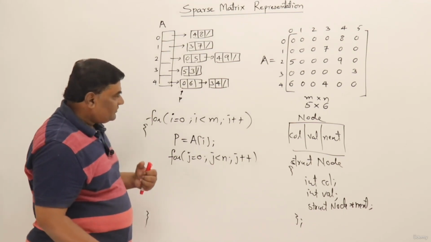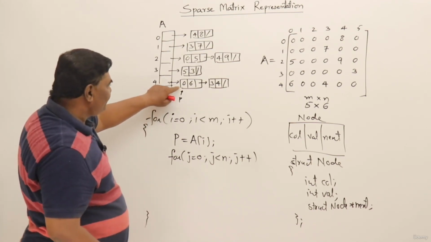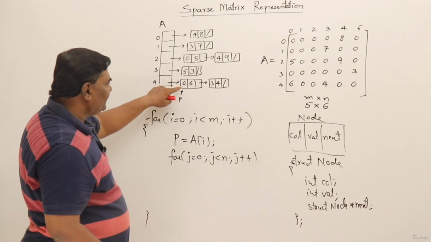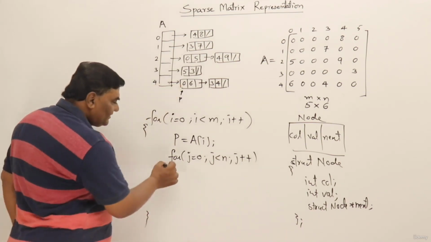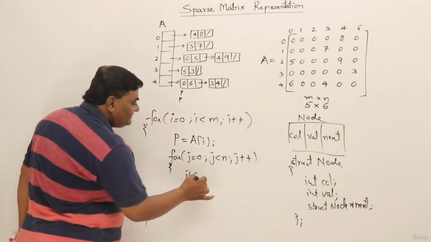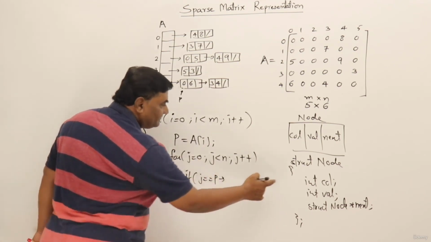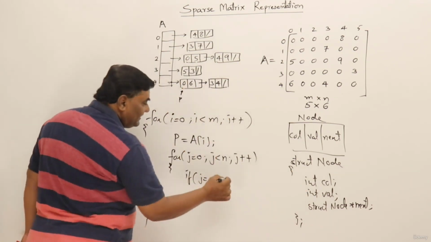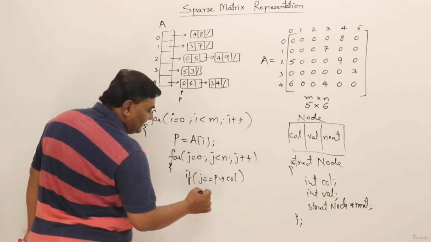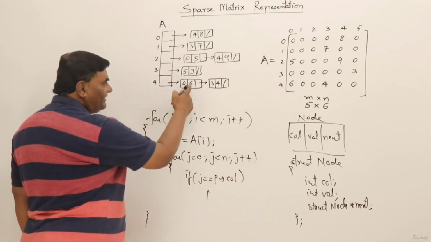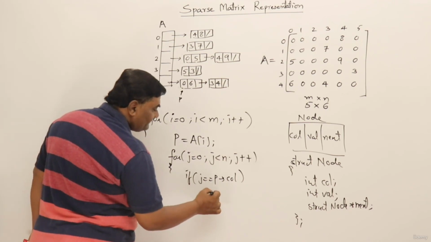So how can I know whether it is non-zero or not? This P is pointing upon some node that will show me the column number. So here what I should do is, if j is matching with the column number, that is P's column, then print the data here, the non-zero element.